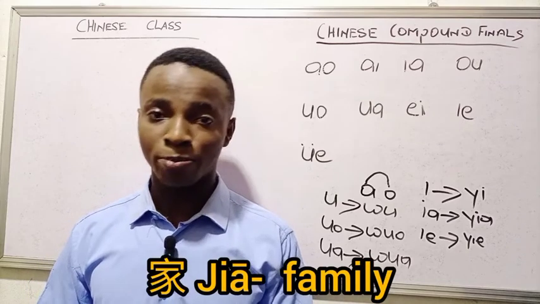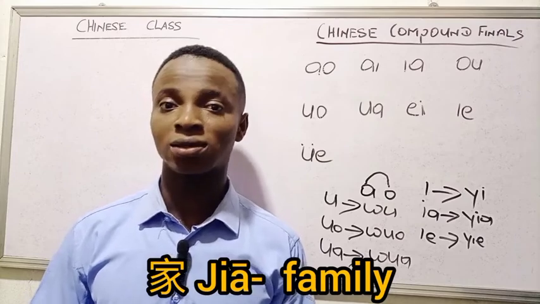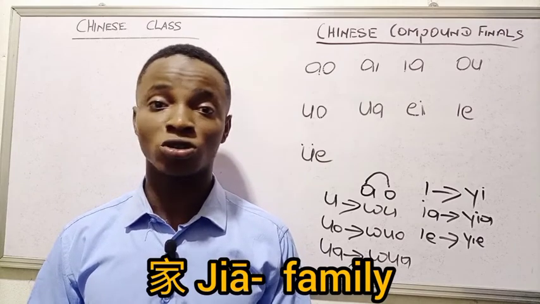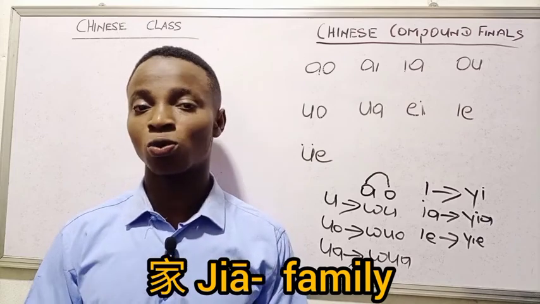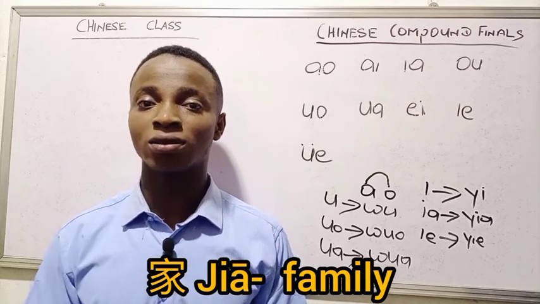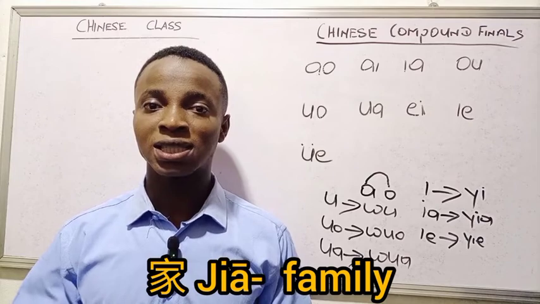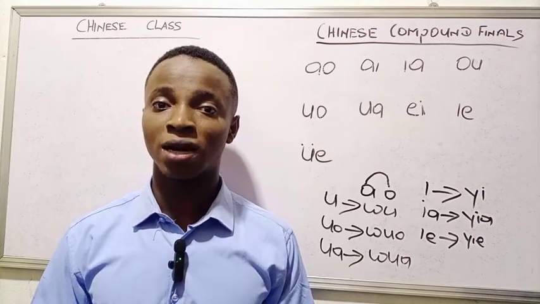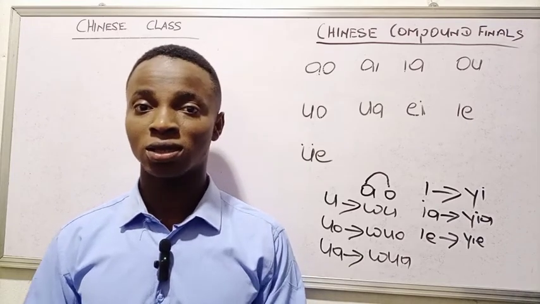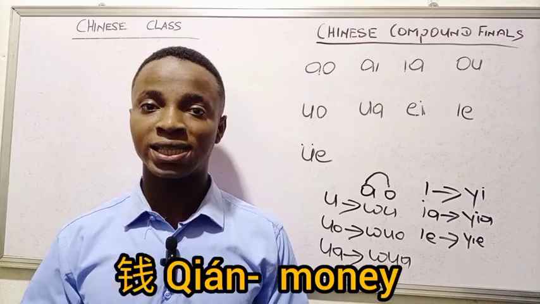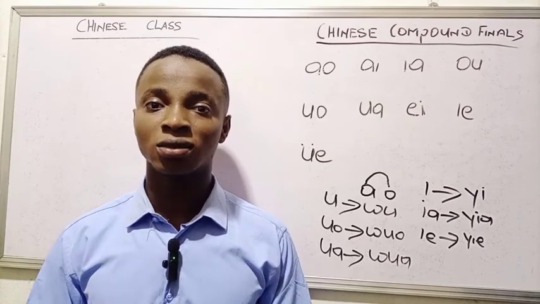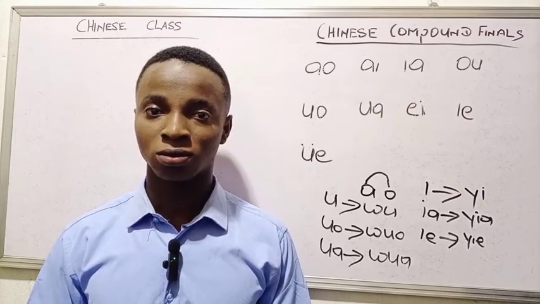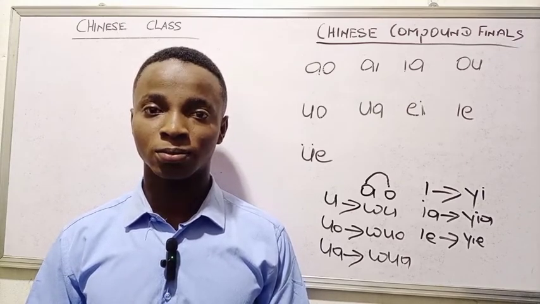The third one will have jia. Remember, we are practicing these sounds with initials because pinyin is a combination of initials and finals. We have jia, meaning family. Qian, meaning money.